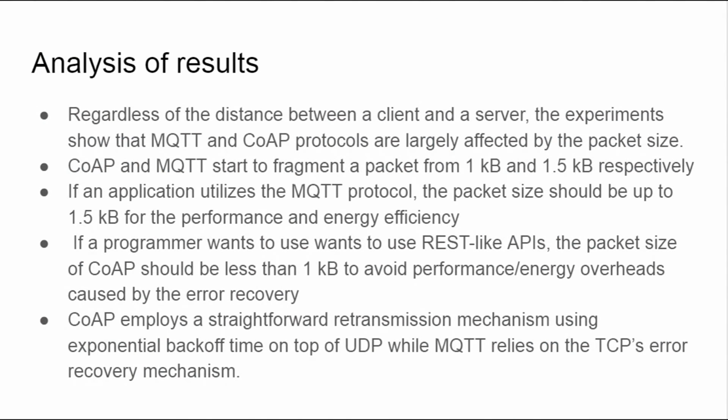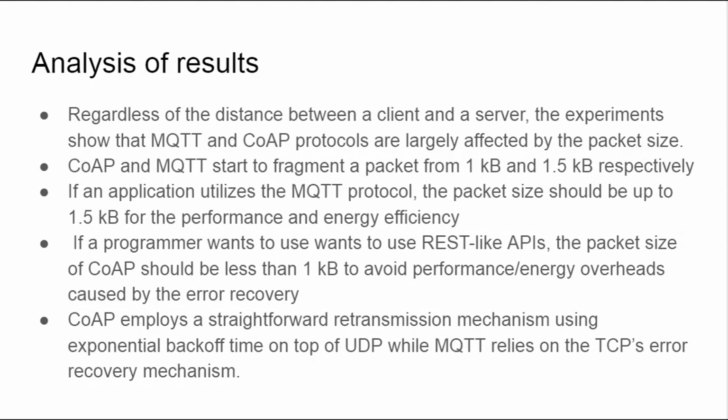The results can be looked at as follows: when the distance between client and server increases, the experiments show that MQTT and CoAP protocols are largely affected by packet size. CoAP and MQTT start to fragment a packet from 1 kilobyte and 1.5 kilobytes respectively.